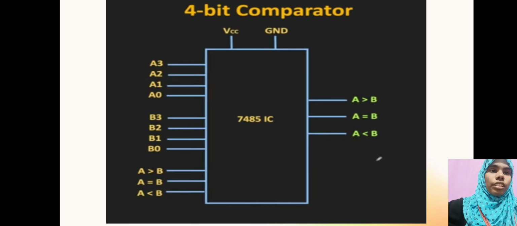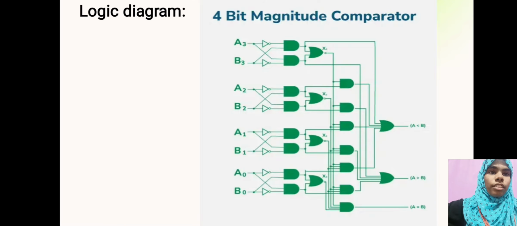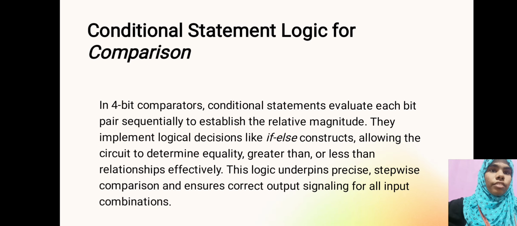VCC and ground are the same, whereas A greater than B, A equals B, A less than B are the outputs. This is an integrated circuit. There is a logic diagram of a magnitude comparator. We can see the truth table of the magnitude comparator.